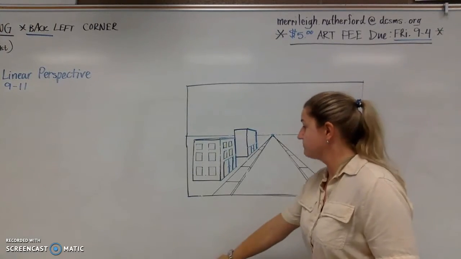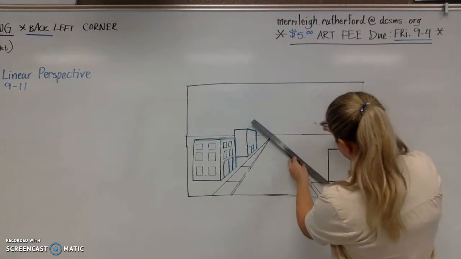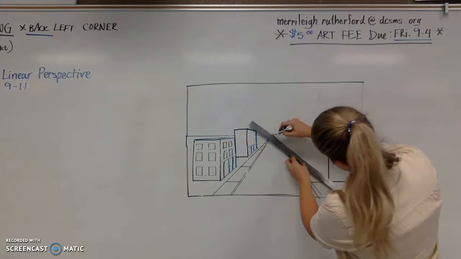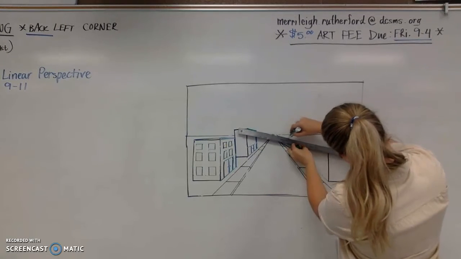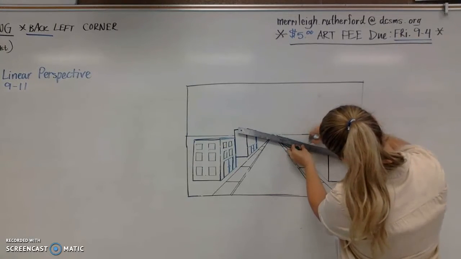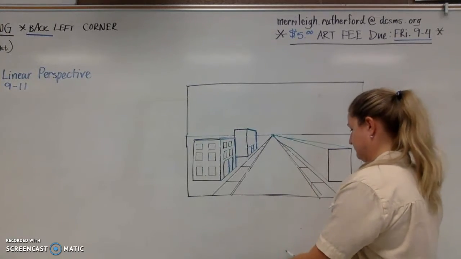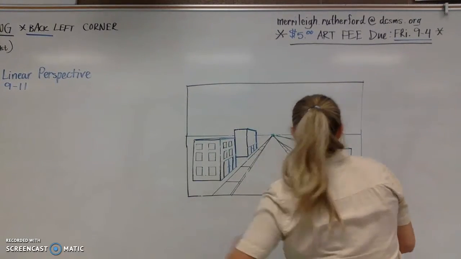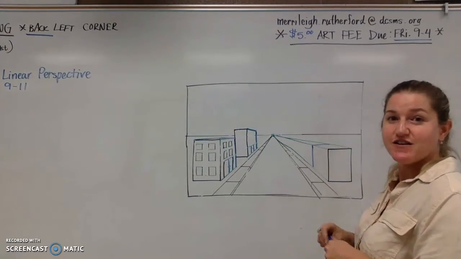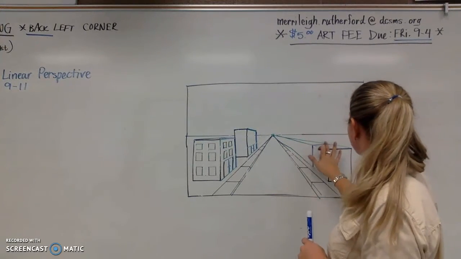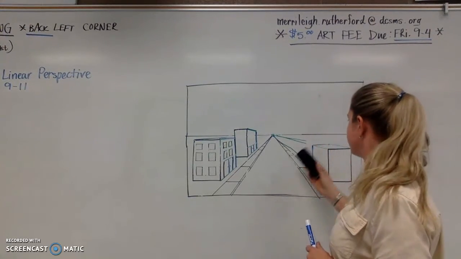Going to connect that true shape to my vanishing point. Vertical, horizontal. So, we'll erase that. And you have your building.